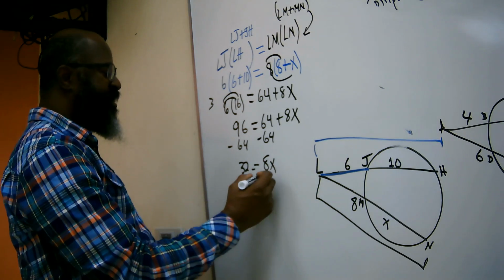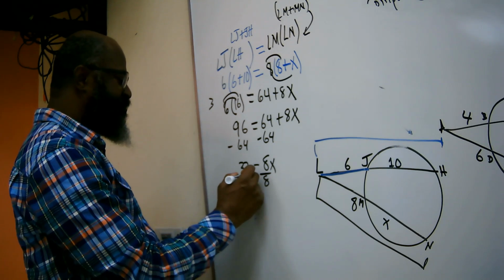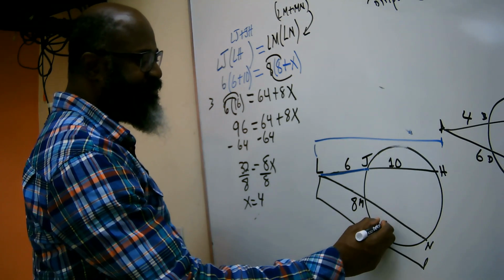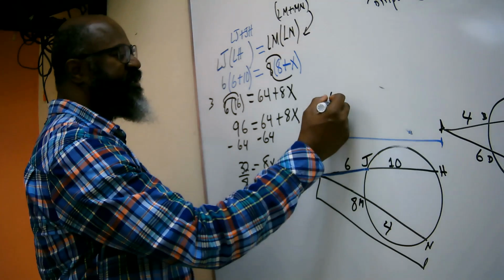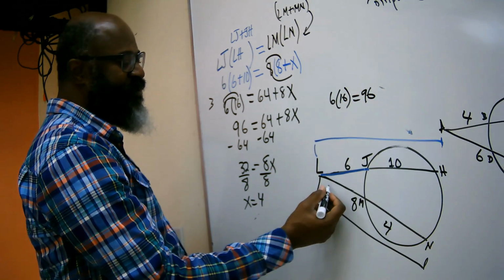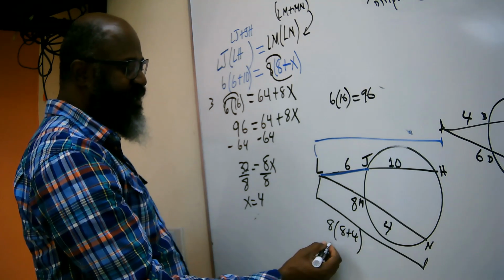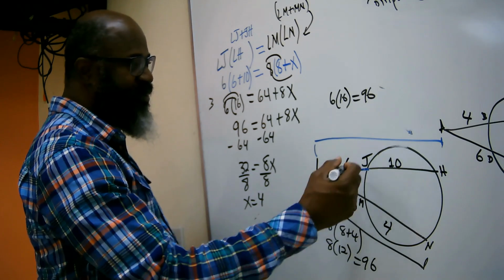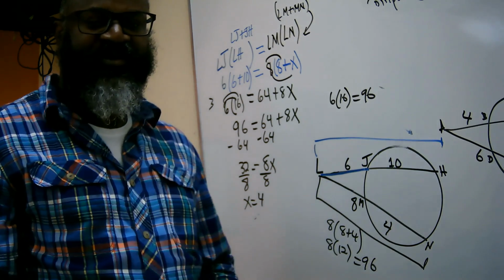Then how do you find x? Divide by 8. In this case, x is 4. Right? When you do 6 times 16, that will give you 96. So this will be 8 times 8 plus 4 should equal 96. Now you will have 8 times 12, which is 96. That's how you justify your answer, if you ever have intention to justify it.